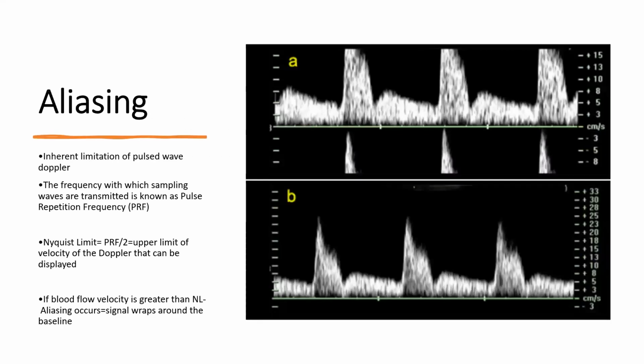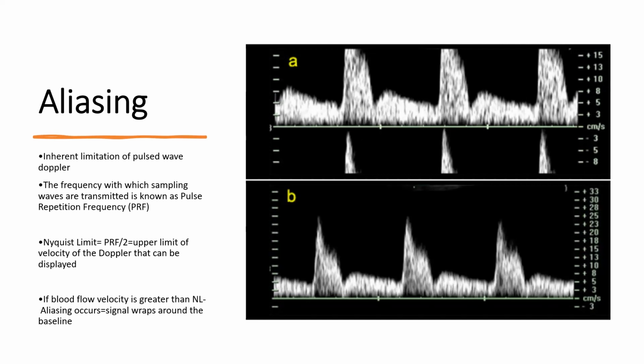So, a little bit more on aliasing and why pulse wave is not the best tool for tricuspid regurgitant evaluation. Pulse repetition frequency is the rate at which the transducer emits pulses. The Nyquist limit is half of the pulse repetition frequency, and that's the upper limit of velocity that Doppler can display.